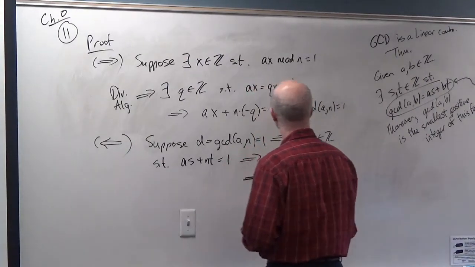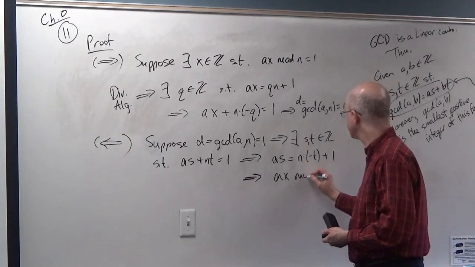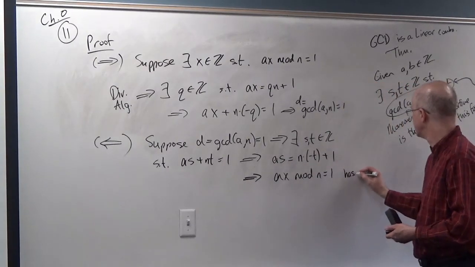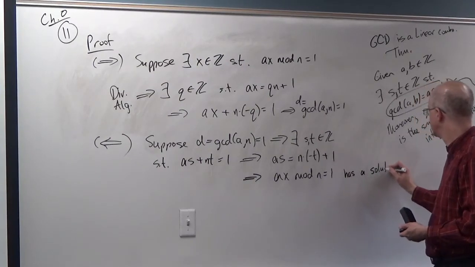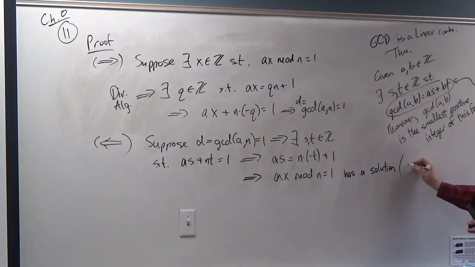So that means that ax mod n equals 1 has a solution. And that solution would be x equals s, whatever s happens to be.